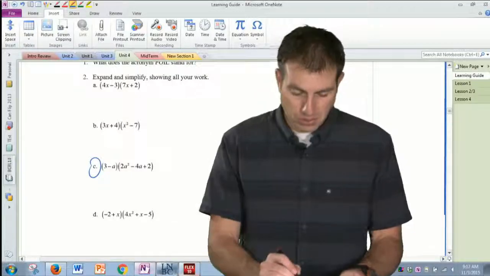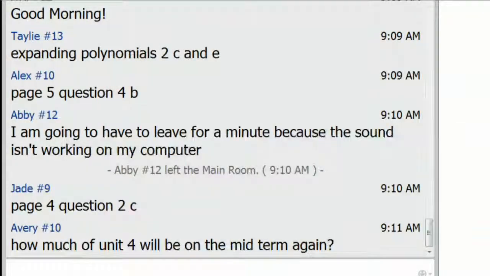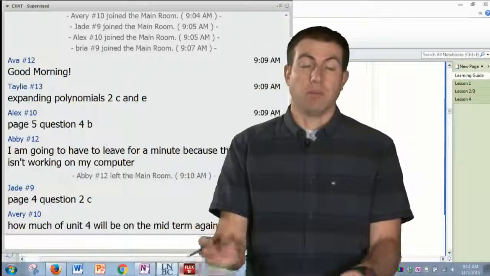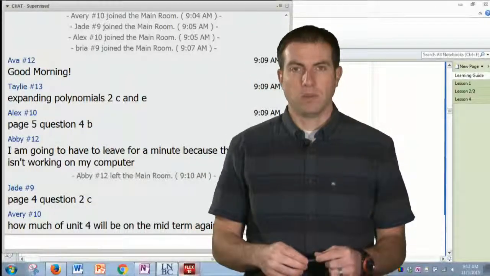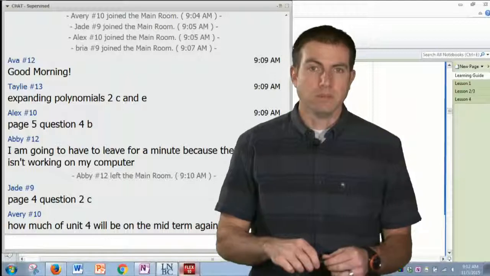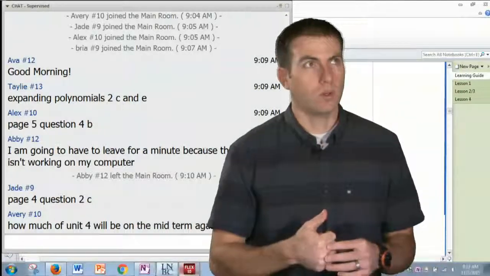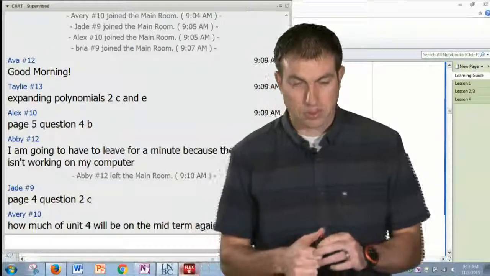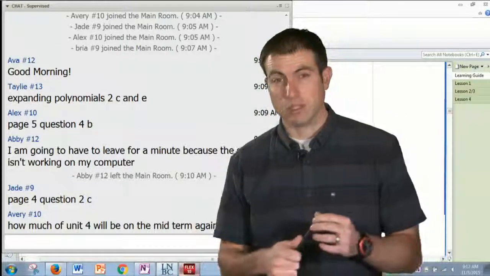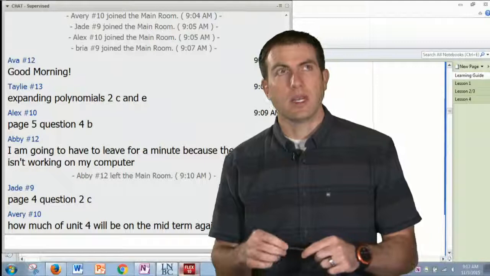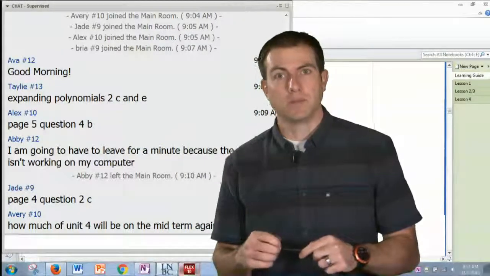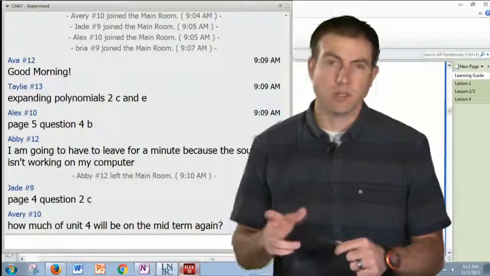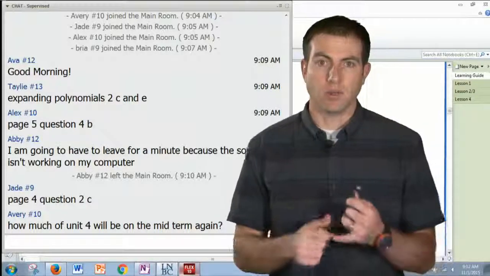Avery is asking a question about how much of Unit 4 will be on the midterm. The stuff that we did last day, and the stuff I'm going to do right now, the expanding polynomial stuff, is going to be on the midterm. I started making it yesterday, and I'm thinking it's going to be 25 questions, multiple choice, roughly 6 or 7 questions for the first few units, units 1, 2, and 3.